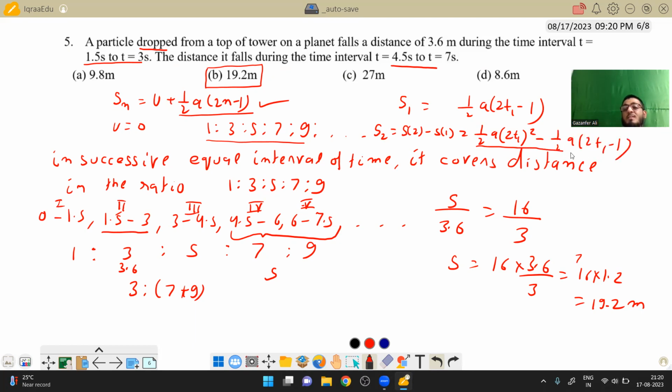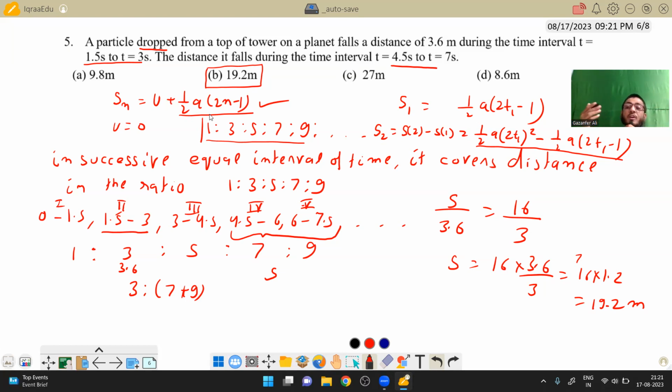You can simplify this and you will get the ratio 1:3. The same thing we did earlier: distance traveled in 1 second, distance traveled in 2 seconds. The distance traveled in the second second was the distance in 2 seconds minus the distance in 1 second. The distance in the third second was the distance in 3 seconds minus the distance in 2 seconds. That is how we find the ratio.